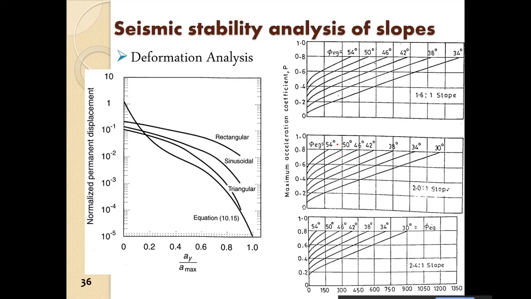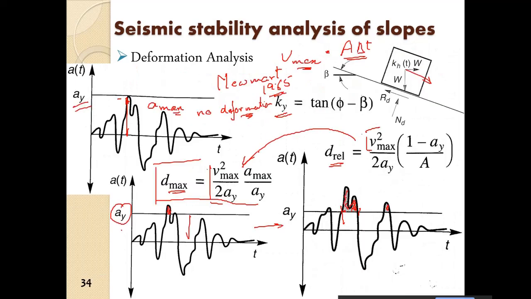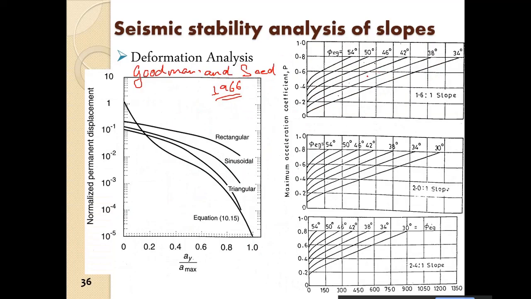So Goodman and Seed, in 1966, solved this concept for a frequency of 1 hertz, or 1 cycle per second, and for a sinusoidal time history.